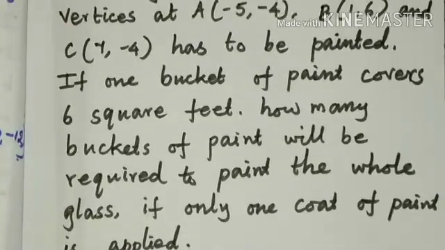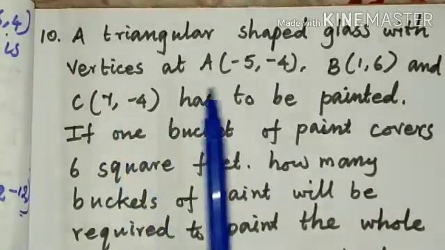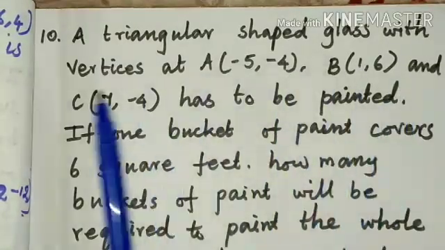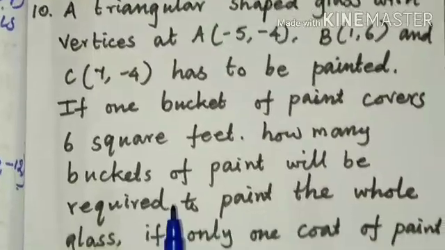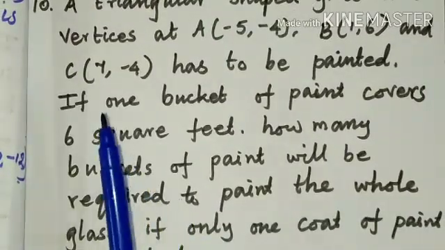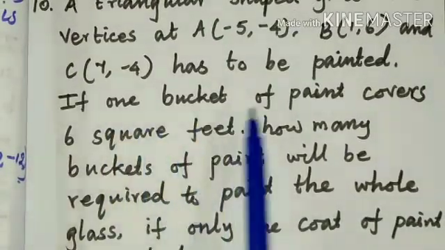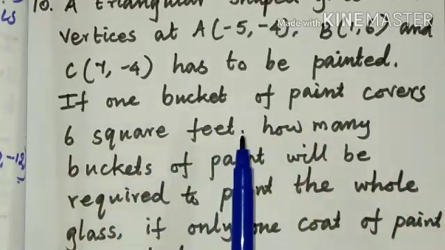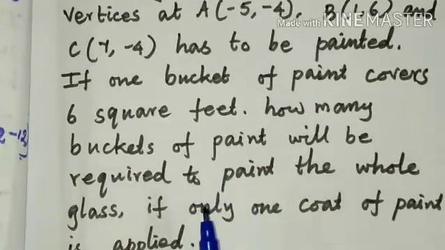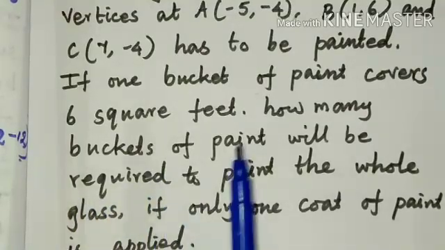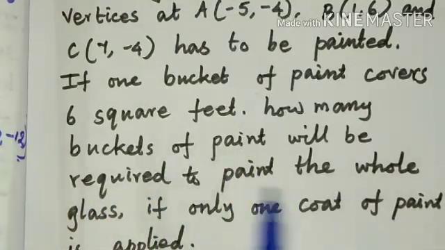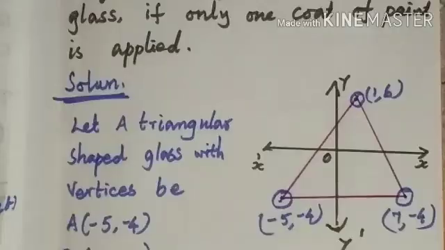See, in this question, the triangular shaped glass vertices A, B, C are given. Then the area covered by one bucket of paint is also given. We have to find out the number of buckets needed to paint the whole glass.